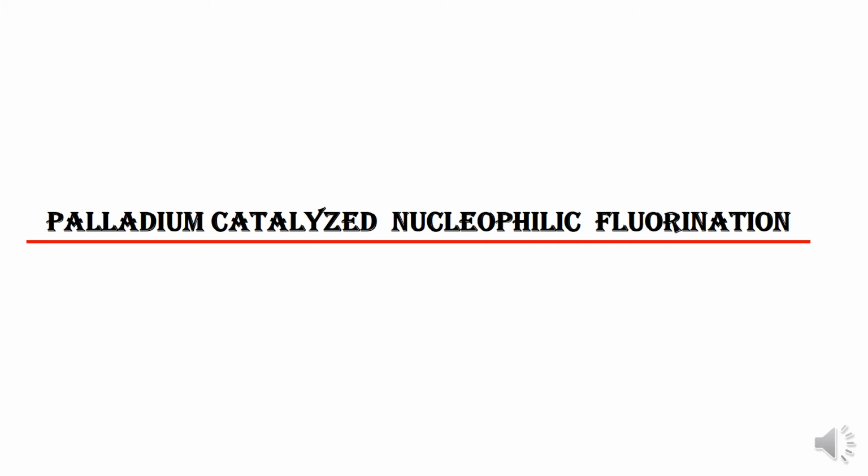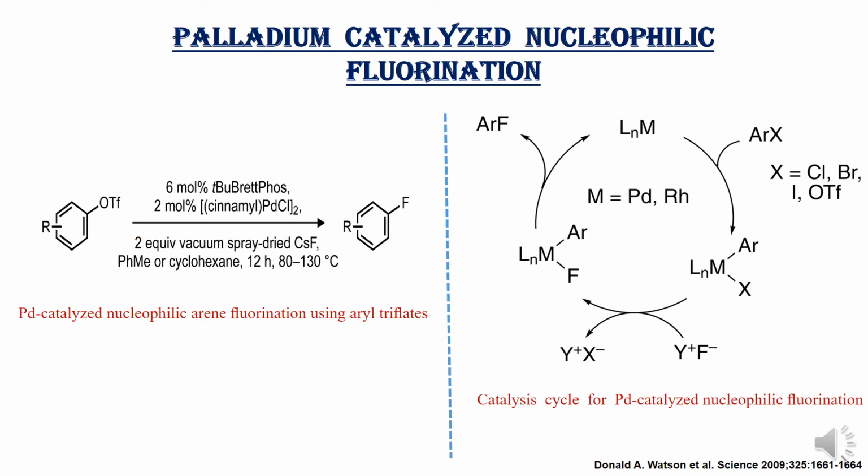Now, after the copper catalyzed nucleophilic fluorination, we will go towards the platinum catalyzed nucleophilic reactions. Platinum catalyzed nucleophilic fluorination reactions take place by using the aryl triflates as our substrate. Here, cesium fluoride was used as the fluoride source, and cinnamyl platinum chloride was used as the platinum source for the platinum catalyst.